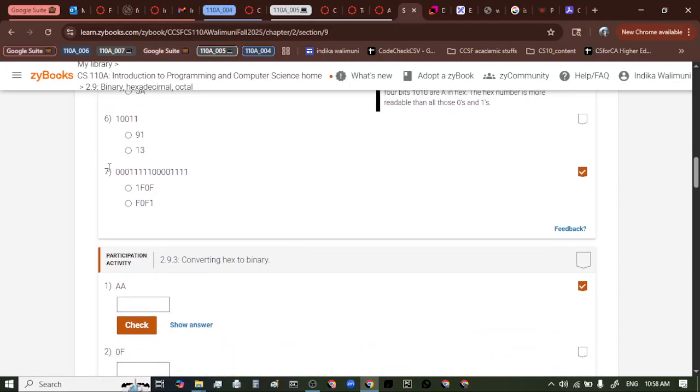All right, let's go to this one as well. So this is what? That is F, right? So it should be this one then. You can logically guess the answer, you don't have to do the whole thing.